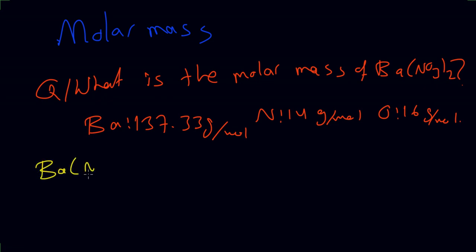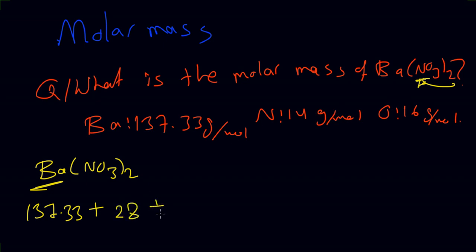You say barium nitrate. Okay, so you have 137.33 plus you have 1 nitrogen, right? No, you have 2 nitrogen, so you have 28 plus you have 3 oxygen, no, 6 oxygen, so 6 multiplied by what? 6 multiplied by 16.